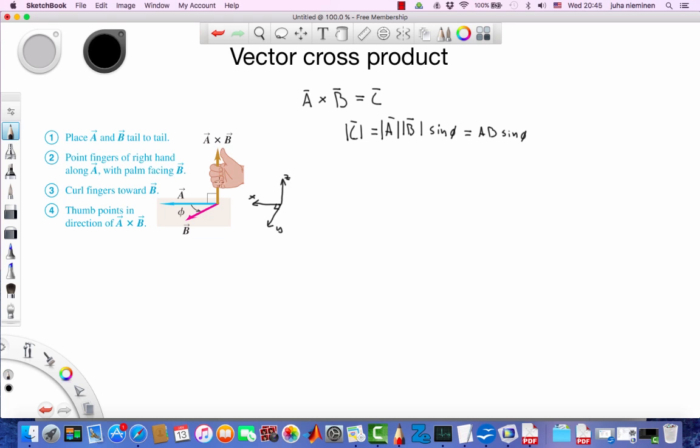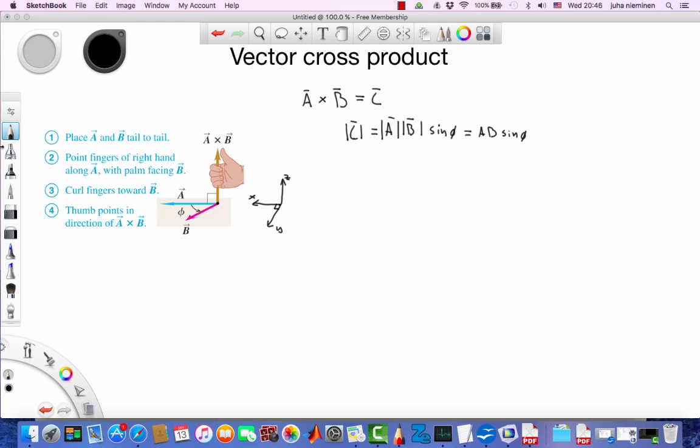And how do we determine the actual direction of C? So here we have the rules on the left. We start by placing those two vectors tail to tail. And then we take our right hand and point our fingers along the first vector, in this case A, and curl the fingers towards the second one, B. And now when you point your thumb up, that will give the direction of C. This is called the right hand rule.